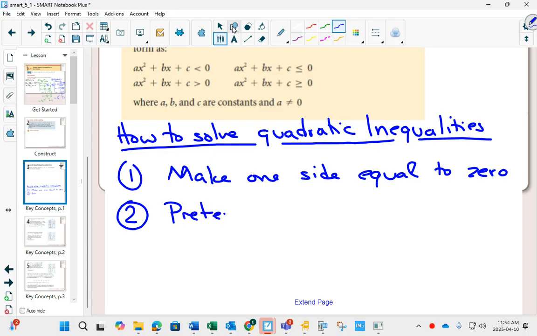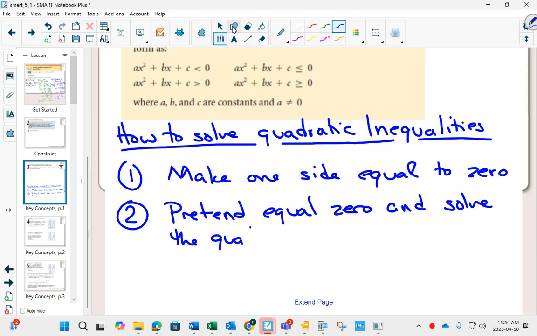Then step 2, we are going to actually pretend it equals 0. And solve it just like we did in chapter 3, either with the quadratic formula, or completing the square, or by factoring.